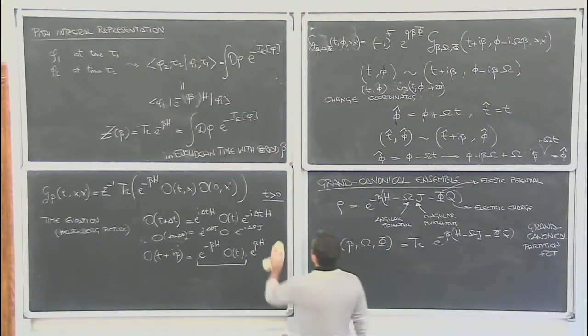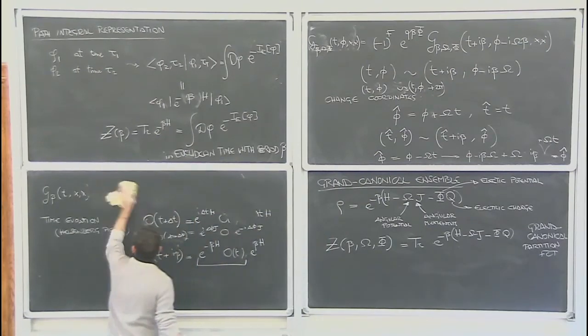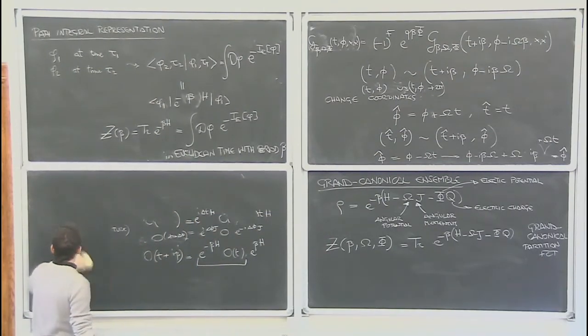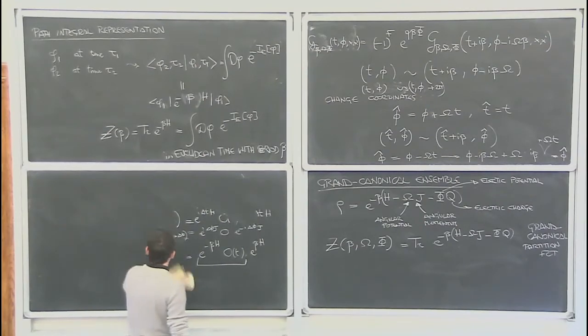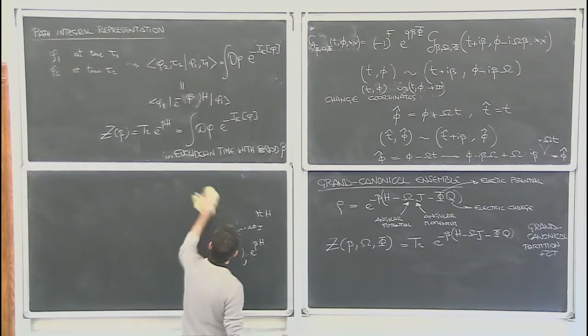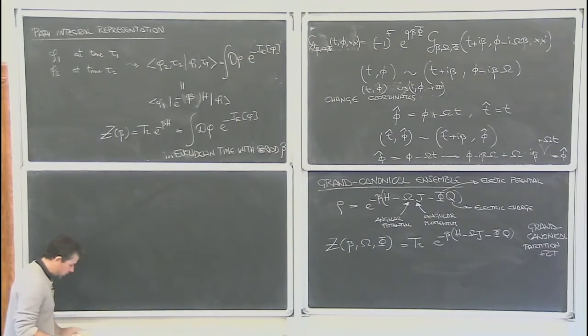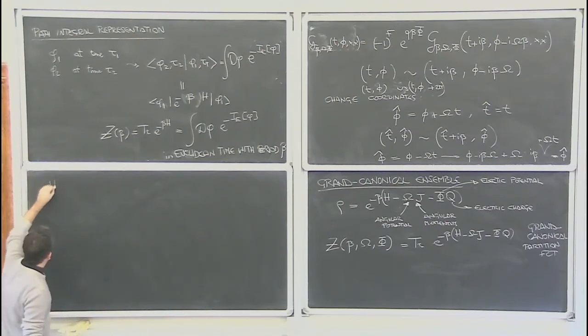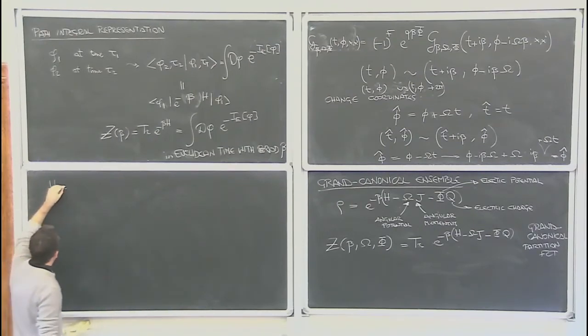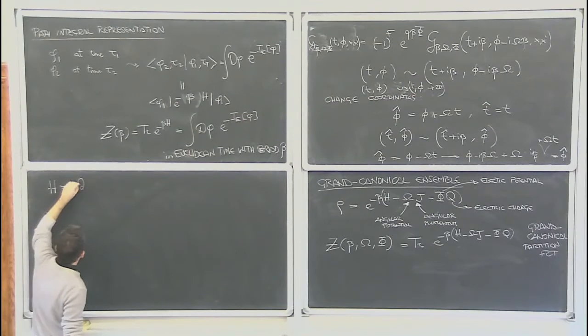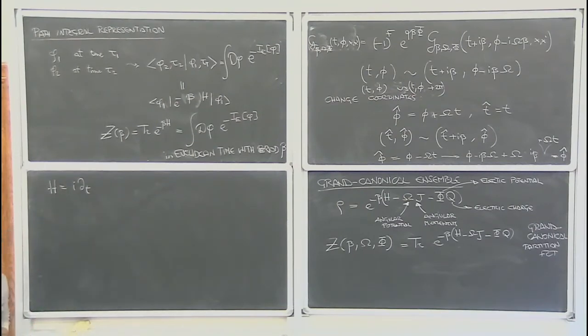I'll erase this. So before we had this Hamiltonian H, and not before, we still have that. And it generates translations along t.